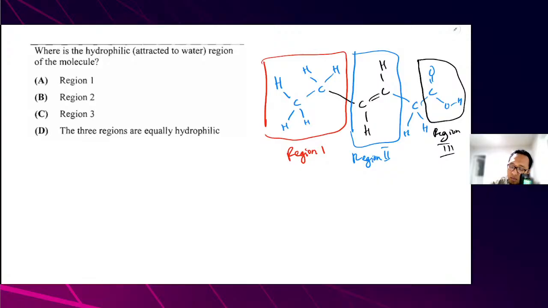Region 2 has a double bond, right? And region 3 is the carboxylic acid group.